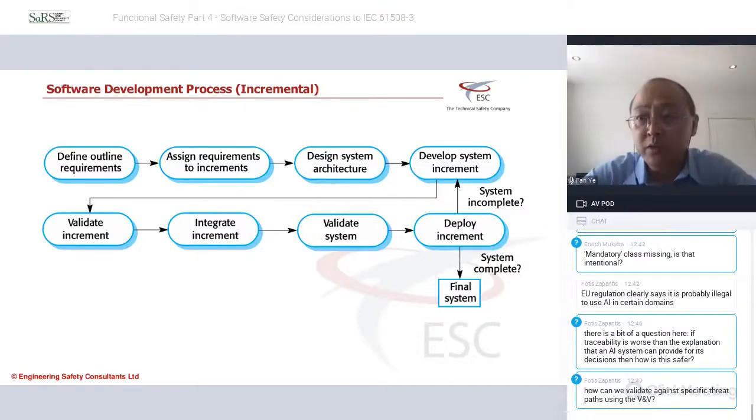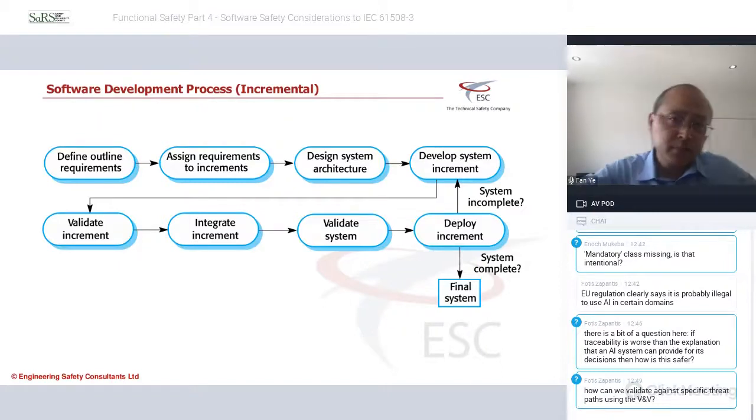You start from those, and when you finish that increment, you integrate it onto the existing, partially complete system, until you move on to the next increment. And make sure that each increment doesn't break the previously working system.